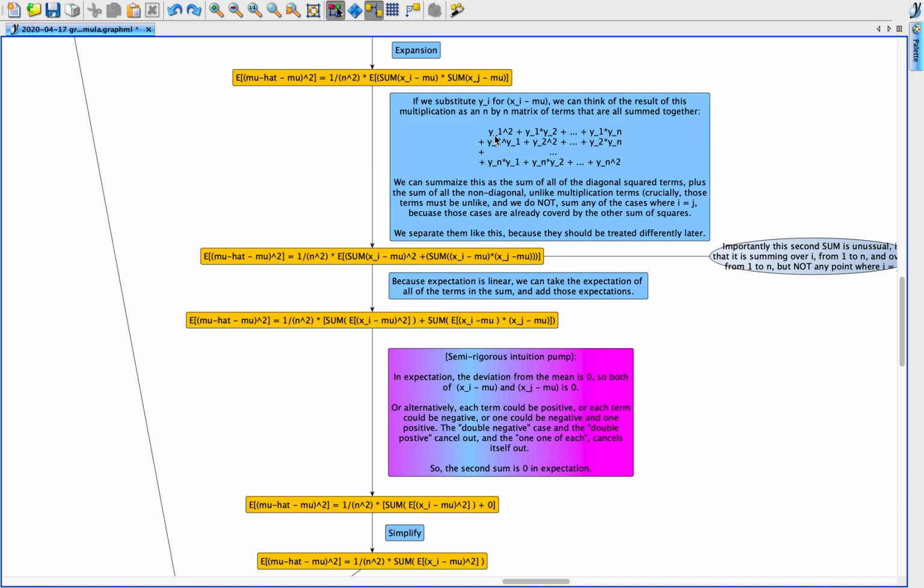A sum with n squared terms, and along the diagonal of this matrix we have squared terms. So here we have y1 squared and then y2 squared all the way down to yn squared, and those are different than these unlike multiplied terms, like y1 times y2, for instance. And we can treat those differently.